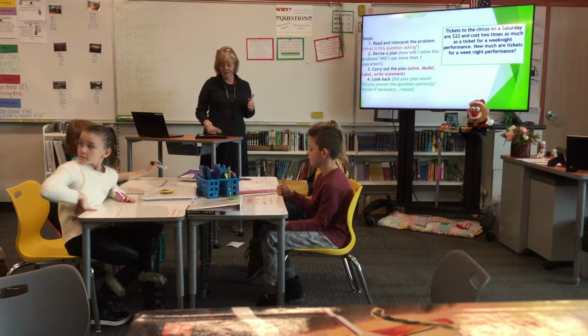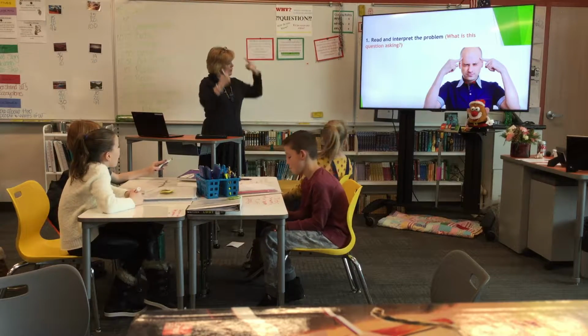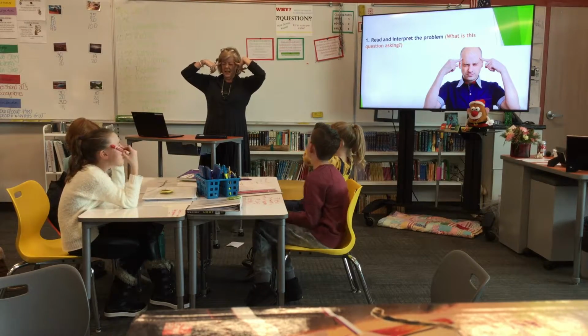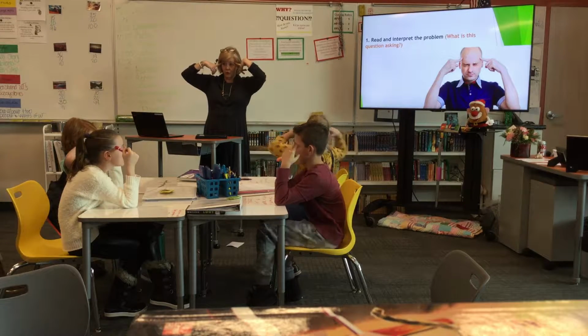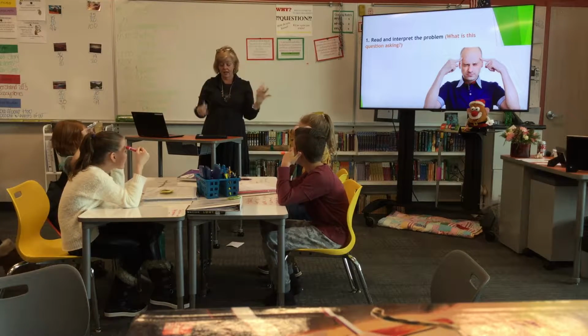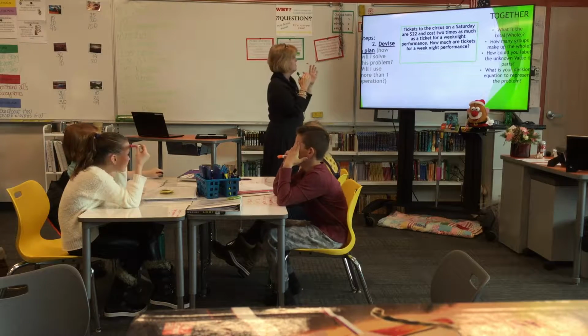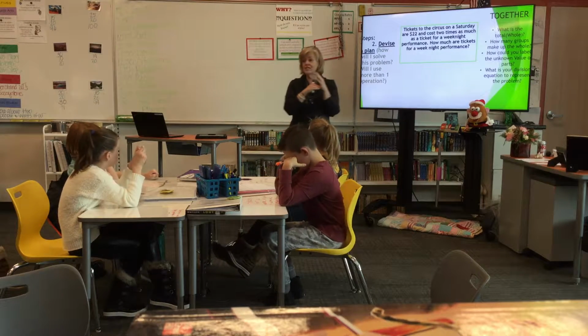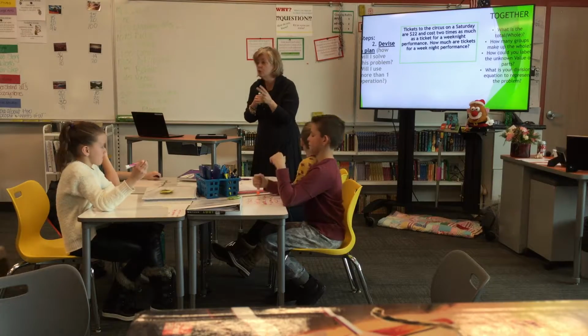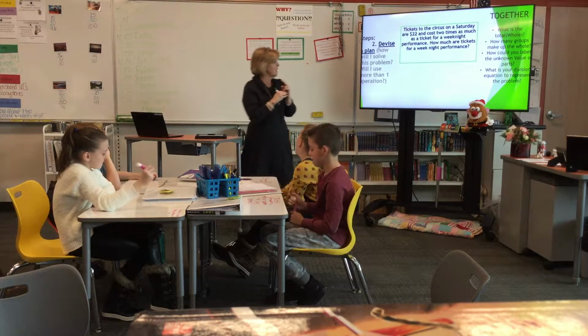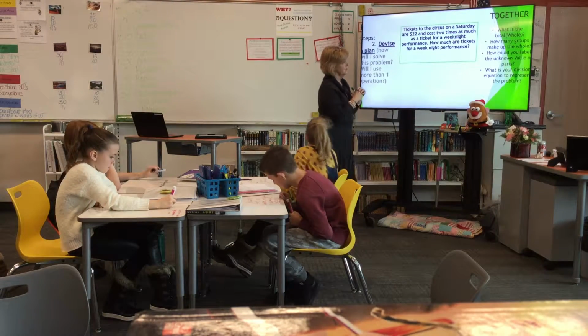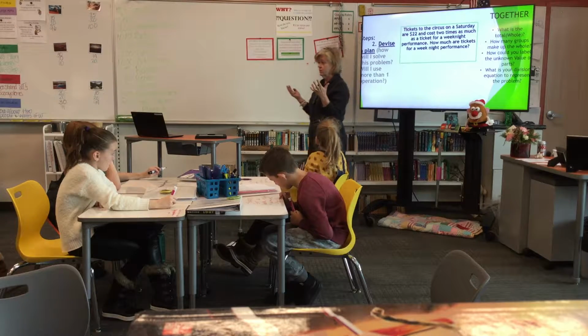Okay, now I've got to devise a plan. So I've read it and interpreted it. We know what it's asking. It's asking me how much it costs for a weeknight. And I know that on Saturday, it's $22. And I know $22 is 2 times as much as a weeknight performance. Okay, so what is my total?